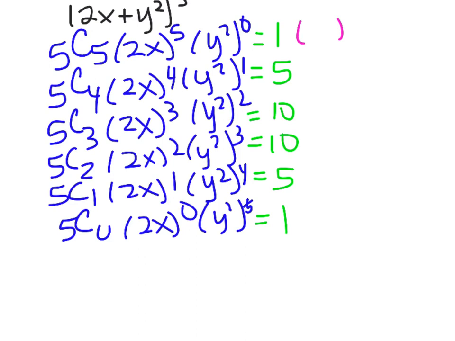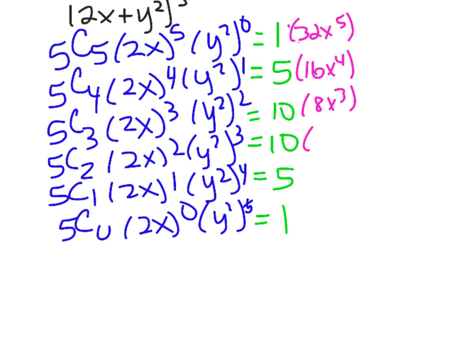So 2 to the 5th is 32, so it's 32x to the 5th. 2x to the 4th, so 2 to the 4th is 16, so it's 16x to the 4th. 2x to the 3rd is 8x to the 3rd. 2x squared is 4x squared, times 2x to the 1st, and 2x to the 0 is 1. Anything to the 0 power is 1.